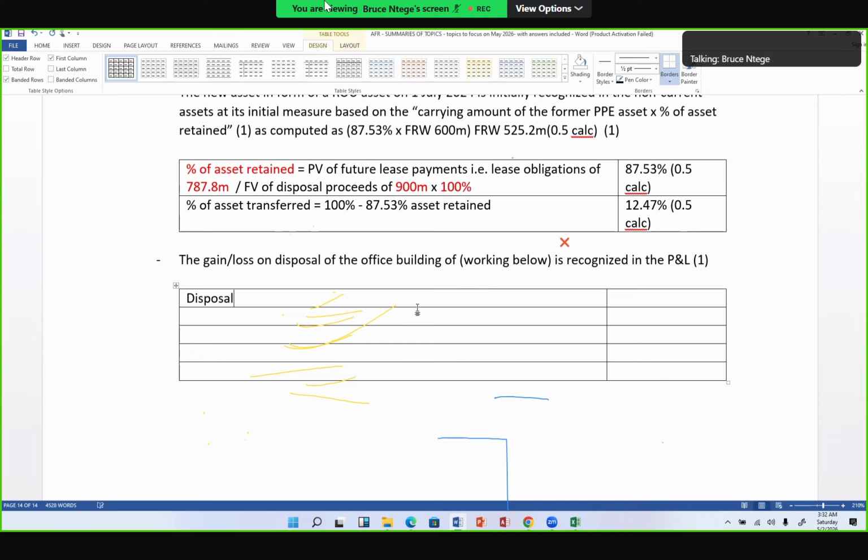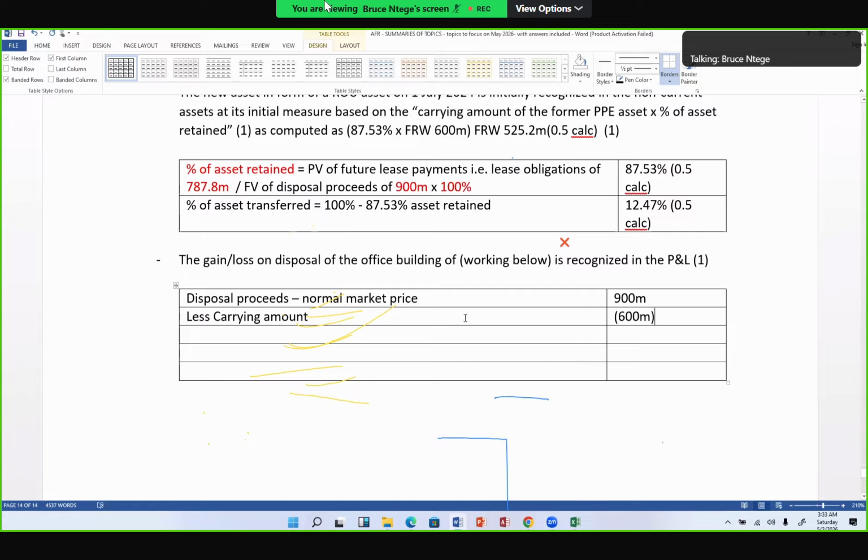Remember, we're given the disposal proceeds, and here I'm looking at the normal gain. So the disposal proceeds based on the normal market price, which is 900, not the 1,000, less the carrying amount on the date of disposal. The carrying amount was given to us as 600.